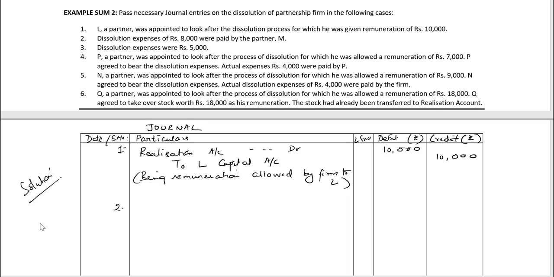Second question. Dissolution expenses of 8,000 rupees were met by partner M. So M has paid the expense. There is no information as to who was to bear the expense, so we assume that the firm was to bear the expense. So borne by firm, paid by partner, it's realization account debit to M, capital account.